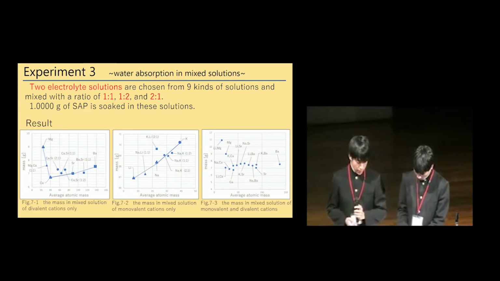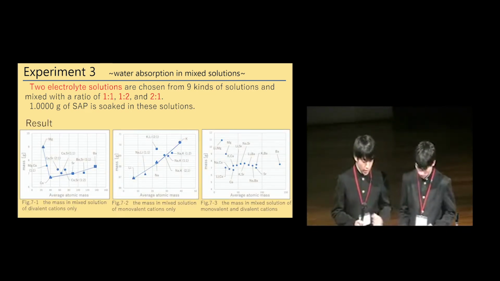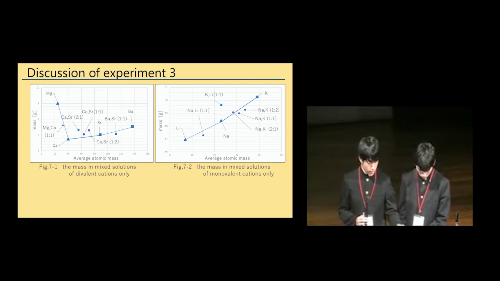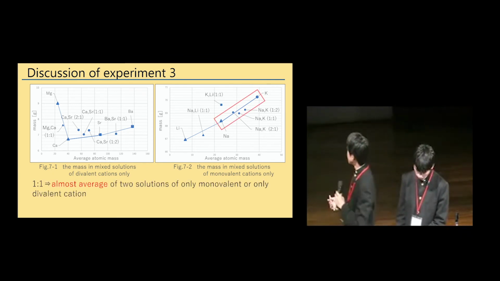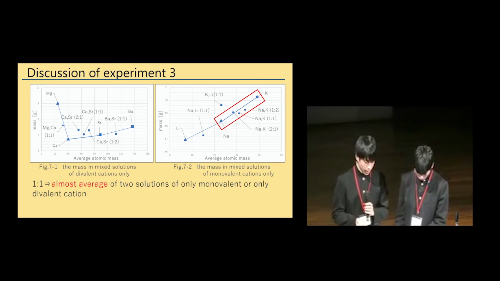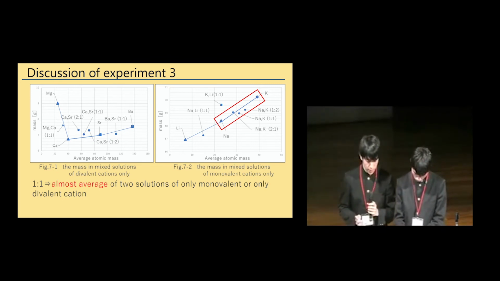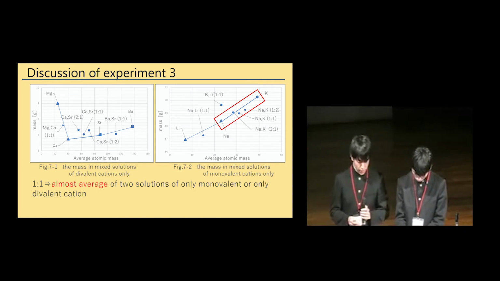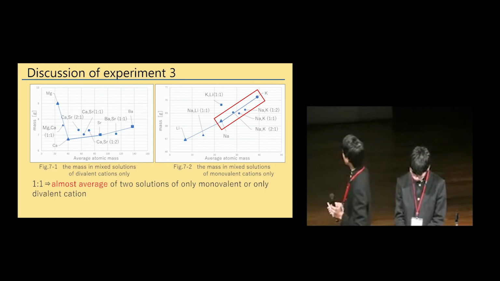Here are the results of experiment 3. Figure 7.1 is for the mixed electrolyte solution of divalent cations only, and figure 7.2 is for those of monovalent cations only. We can see that the mass of the 1:1 in volume mixed solutions is almost the average of the two solutions of only divalent cations or only monovalent cations.